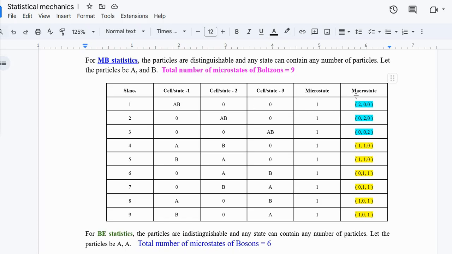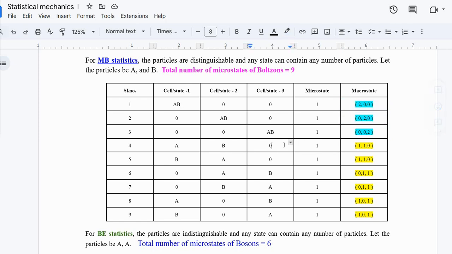So the microstate combination is here, and the macrostate is given as 2, 0, 0. In the same way we can have 0, AB, 0 and 0, 0, AB. So there are 3 microstates of this, and the macrostate is 2, 0, 0.